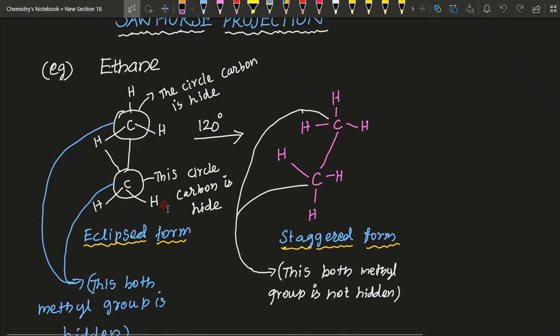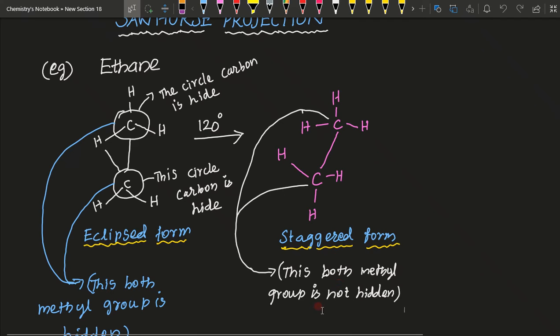Eclipsed means, how to tell in Tamil? மறைத்தல், மறைந்து இருத்தல். We can rotate this molecule by 120 degrees, and it goes to staggered form.